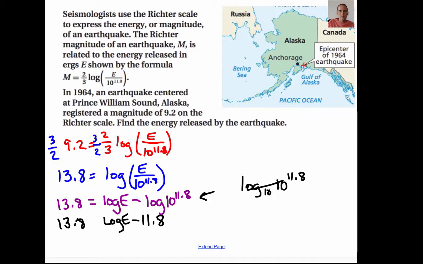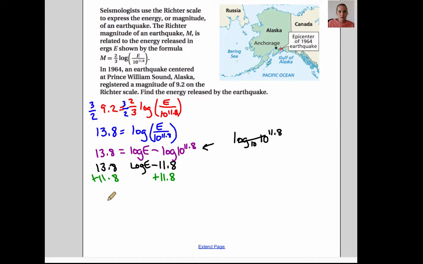At this point, you can just move the 11.8 over, plus 11.8. We need to take 13.8 and 11.8 and add them together. We get 25.6 equals log of E.